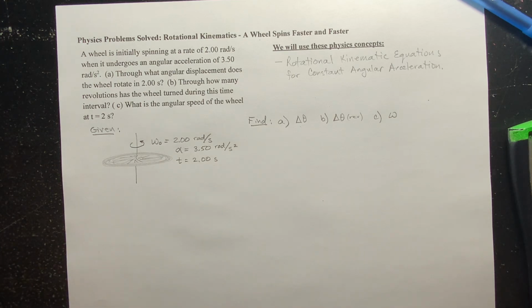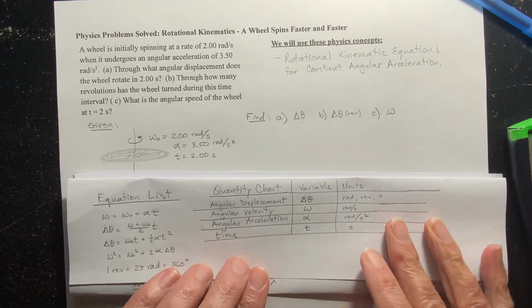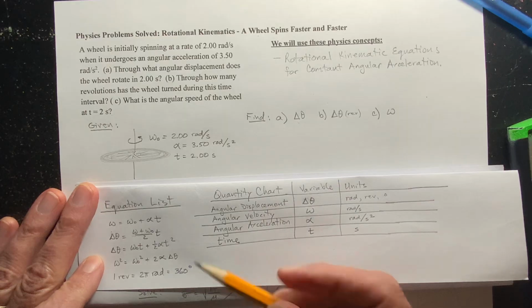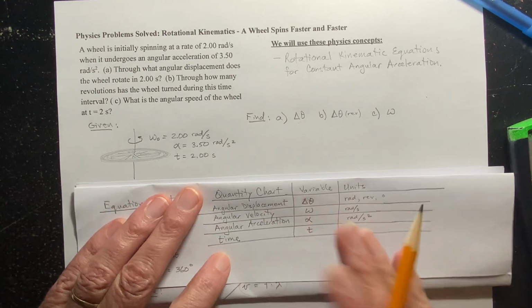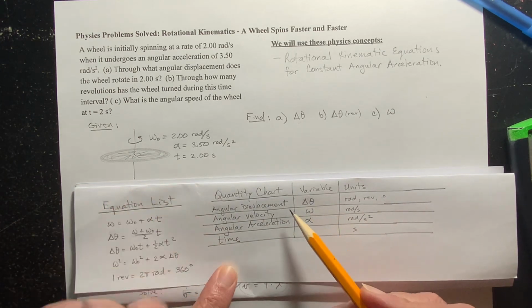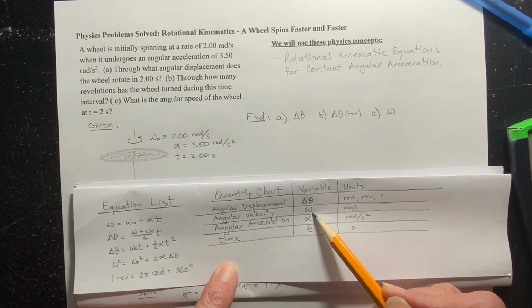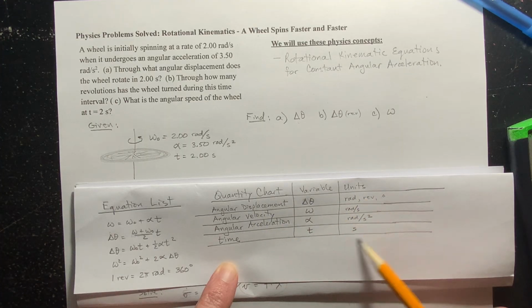And to help you out a little bit, I made an equation list and quantity chart here on some scratch paper. These are the equations that we use for constant angular acceleration. And of course, these are our variables: change in angle, angular velocity, angular acceleration, and time. And here are the units we use.